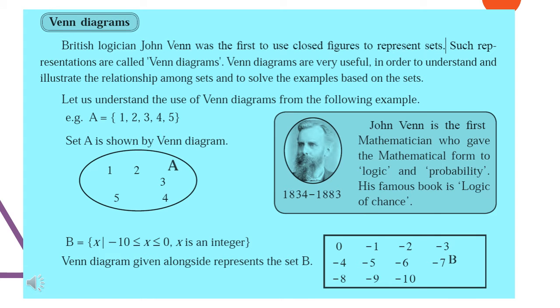So let us learn about Venn diagrams. We had a British logician, John Venn. He was the first one to use closed figures to represent sets. Such representations are called Venn diagrams. Now these Venn diagrams are very useful if you want to solve any word problem based on sets.